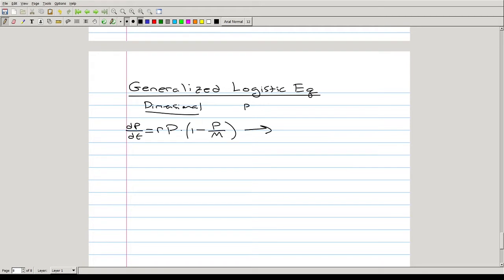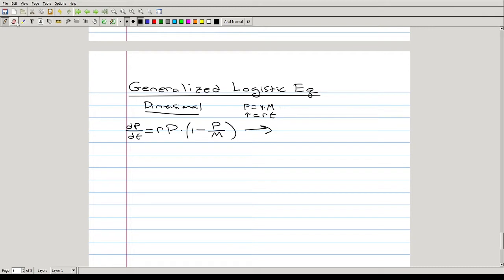When we did our non-dimensionalization, we set p equal to y times m, and tau equal to r times t.